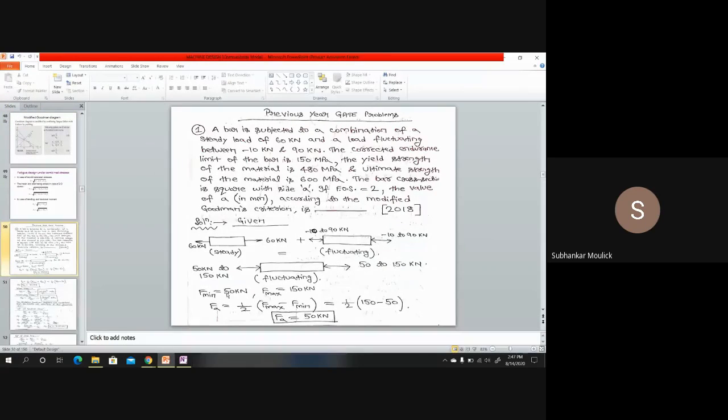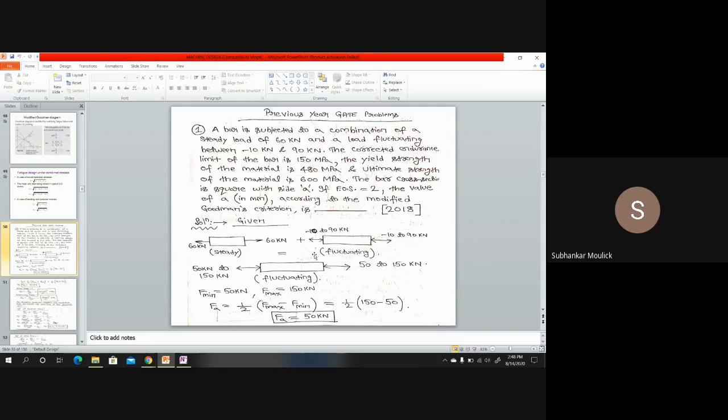Before proceeding to the modified Goodman diagram, let us convert the entire load into a fluctuating load. How will you convert? Static load is 60 kilonewton and fluctuating load is fluctuating from -10 to 90 kilonewton. So -10 plus 60 is 50 kilonewton, the lower limit.